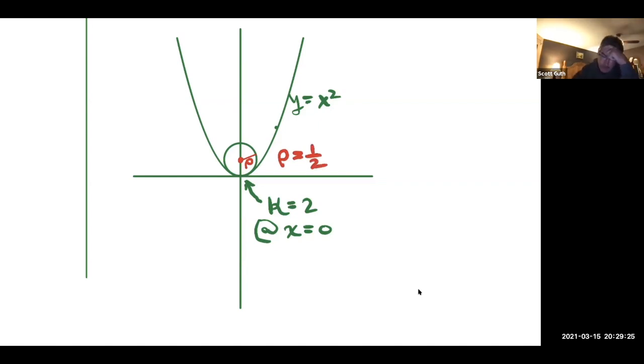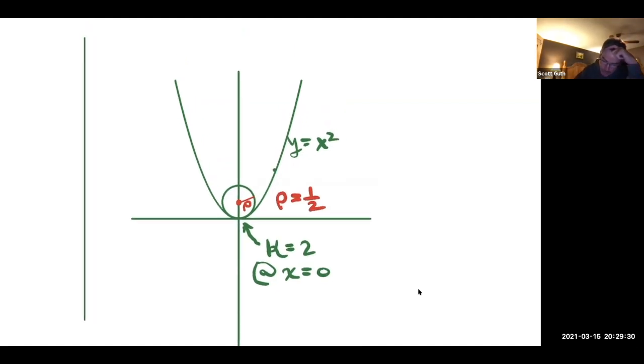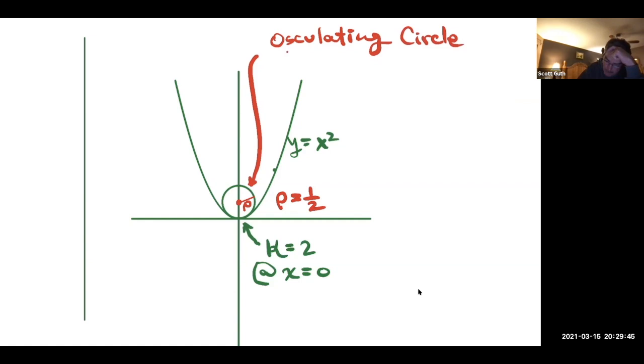And I think you might see a homework problem or two where they ask for the equation of the oscillating circle. Well, there's no shift in x, so it would be x squared plus (y minus 1/2) squared equals the radius squared, which would be 1/4, right?